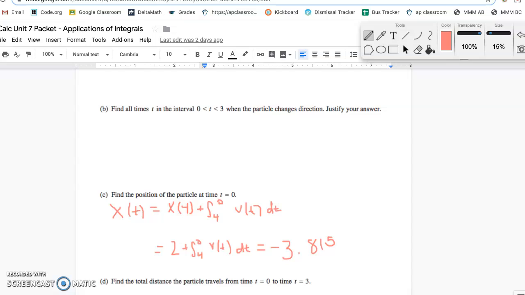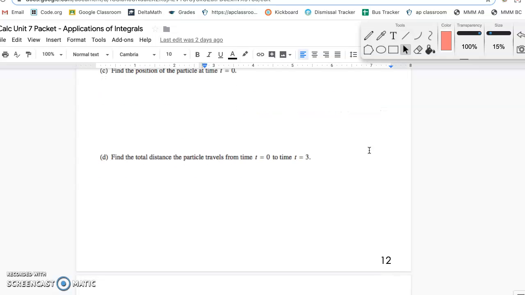Last one. So I'm going to go ahead and erase this. And the last one is saying find the total distance that the particle travels from time t equals 0 to t equals 3. So remember, total distance is the integral from our interval, from 0 to 3, of the absolute value of v of t dt.